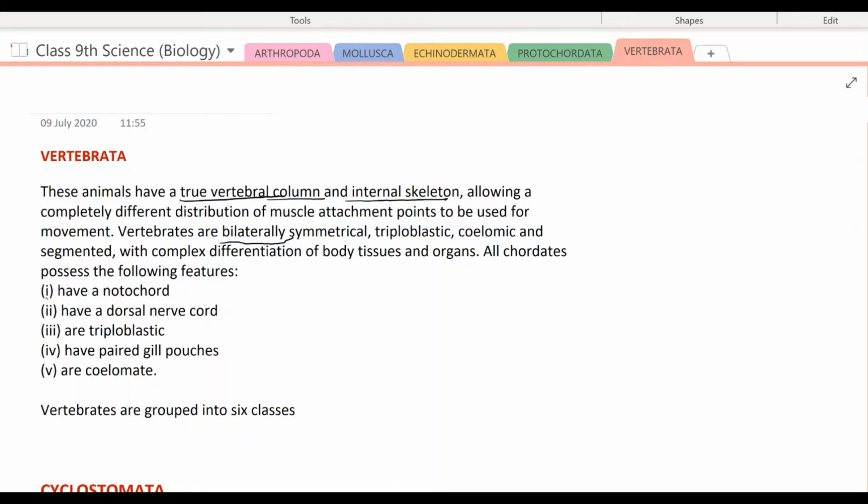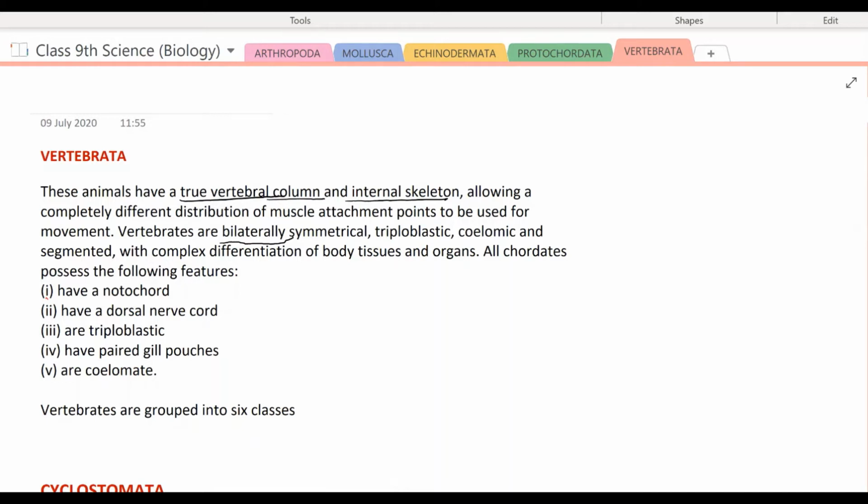So I think students, you have clearly understood the meaning of bilaterally symmetrical, triploblastic, coelomic, and segmented, with complex differentiation of body tissues and organs. There are different types of body tissues, different types of organs, complex differentiations.